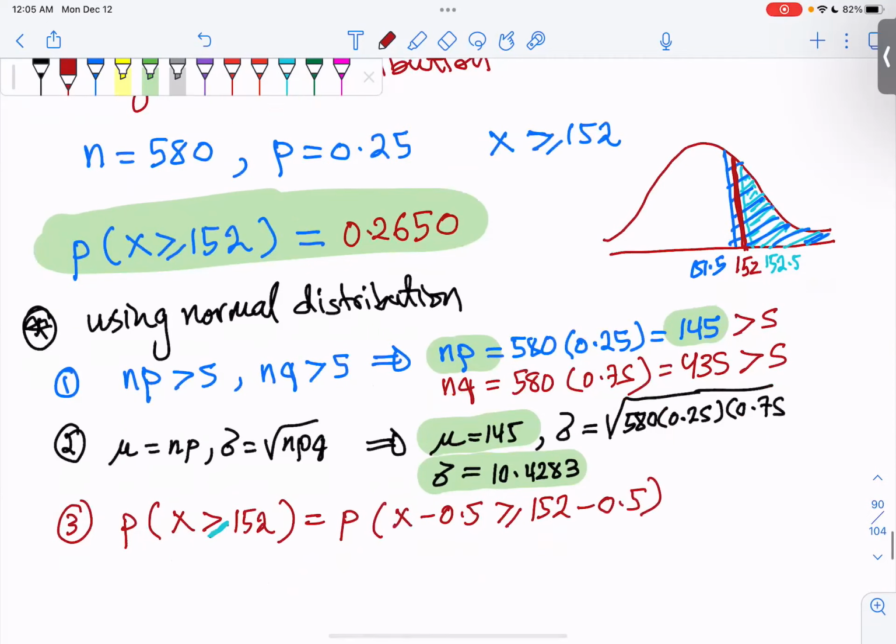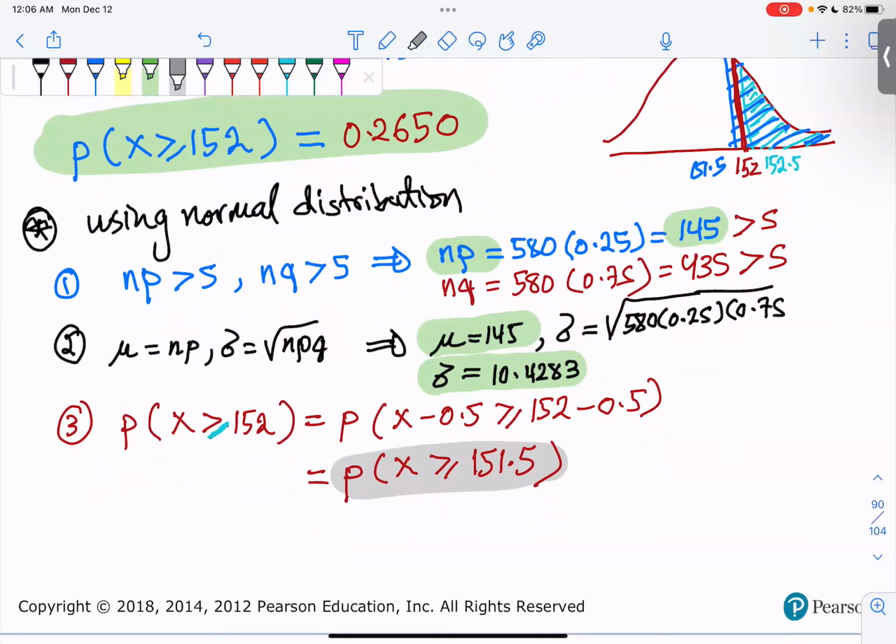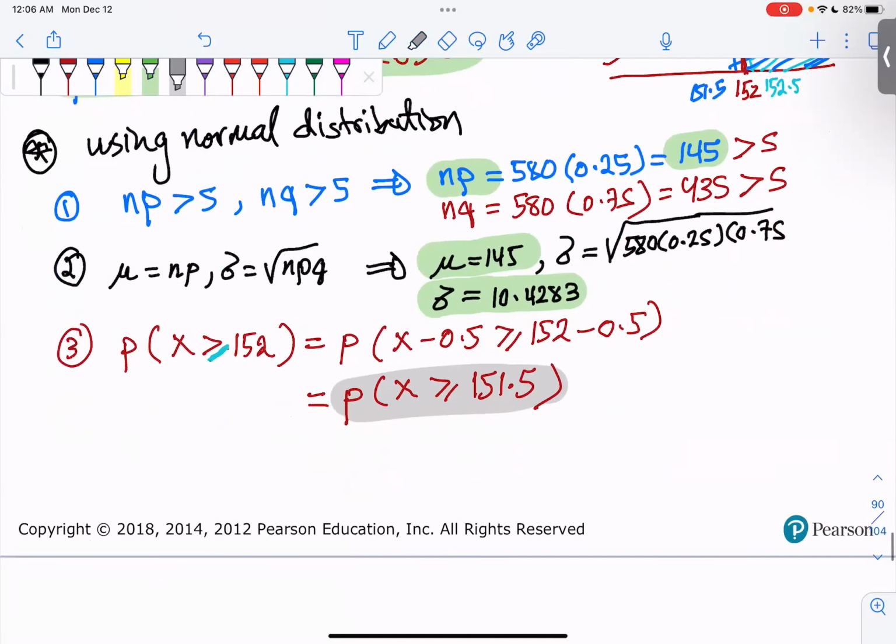The probability that we are looking for is the probability of x greater than or equal to 151.5. This is what we are looking for basically.